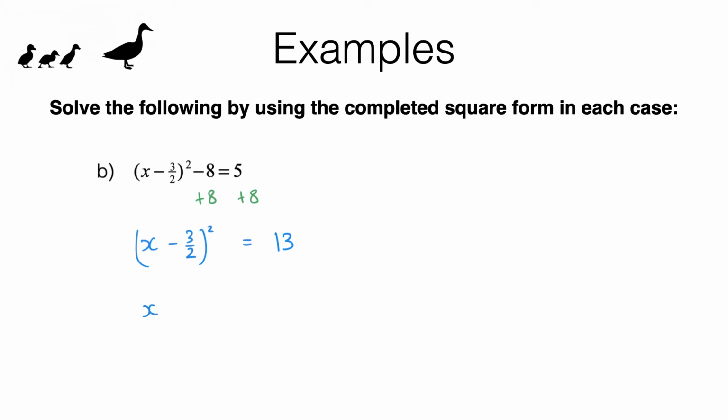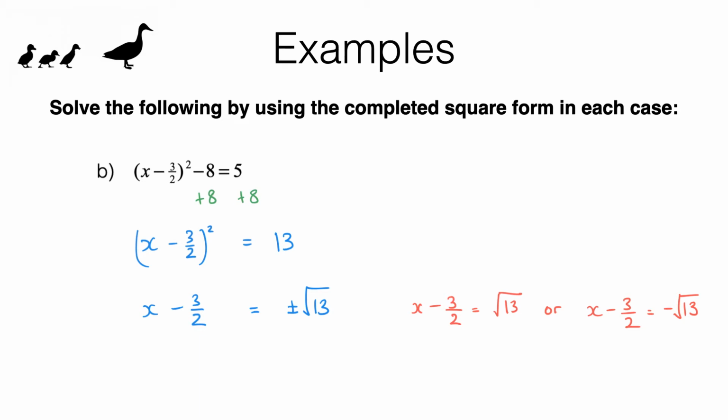So we can say x minus 3 over 2 has to be either the positive square root of 13 or the negative square root of 13. And I can just write that as plus or minus square root of 13. But remember, this really means x minus 3 over 2 equals positive square root of 13, or x minus 3 over 2 equals the negative square root of 13.